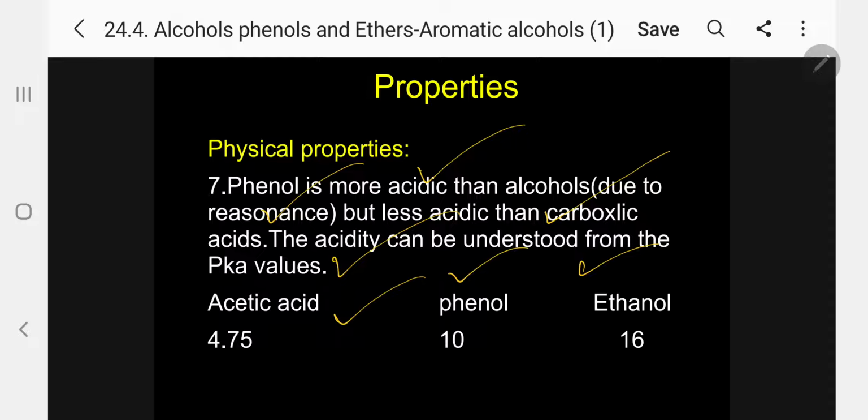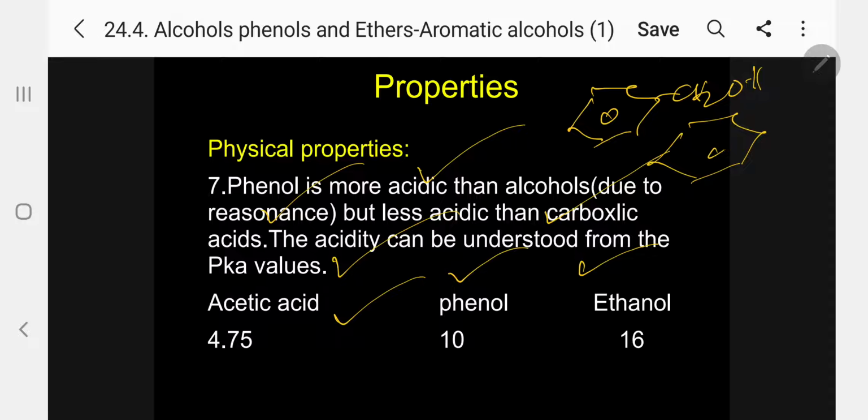Kindly follow. Phenol is more acidic than alcohol. Suppose you take benzyl alcohol and compare it with phenol. So what will happen now when H is removed from OH?